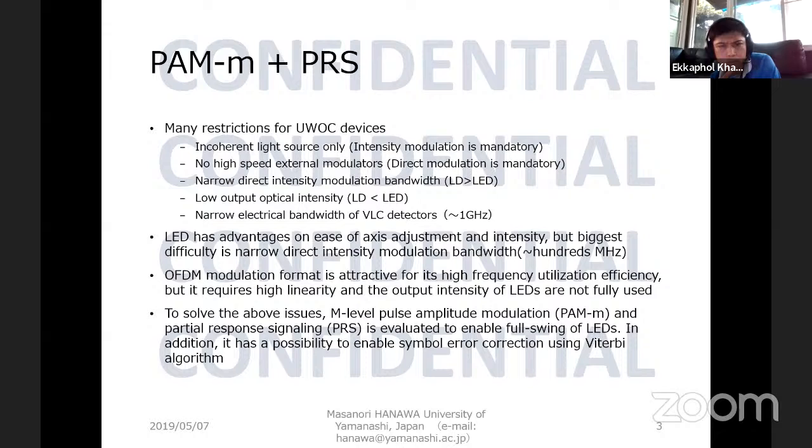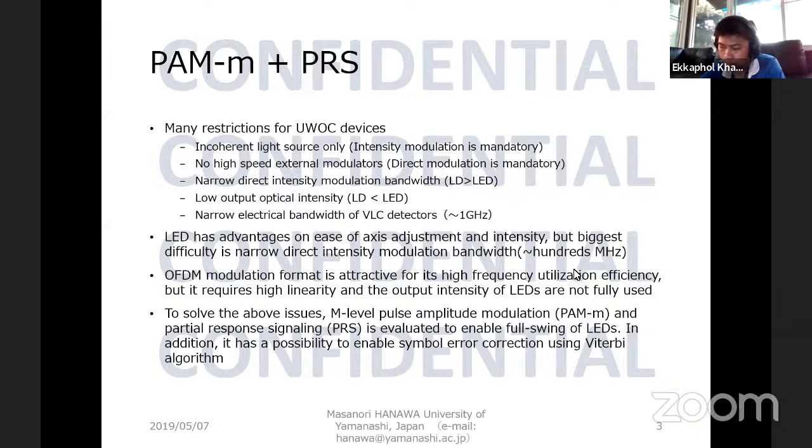And I want to demonstrate a novel narrowband modulation format based on PAM4 or PAM8 and partial response signaling. PRS for short is partial response signaling. Later on, you can see the full spelling.